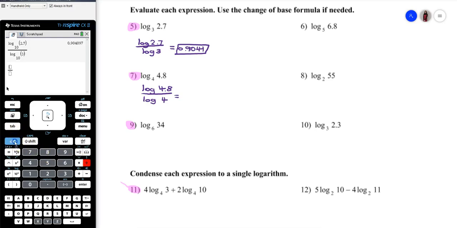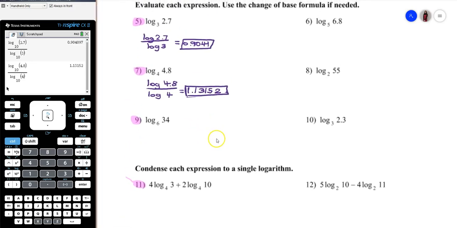We create our fraction first: log base 10 of 4.8 over log base 10 of 4. And for this one we get 1.13152. I'm just going to write the whole thing since it didn't keep going too far.